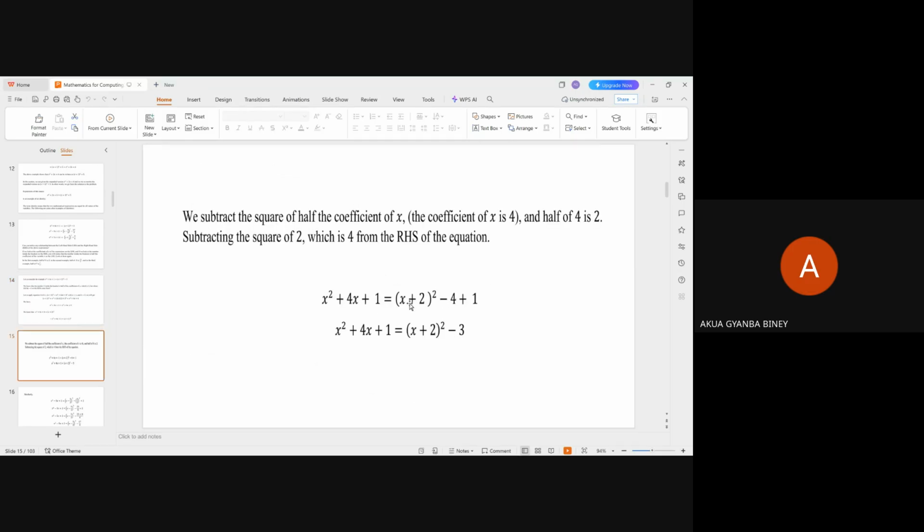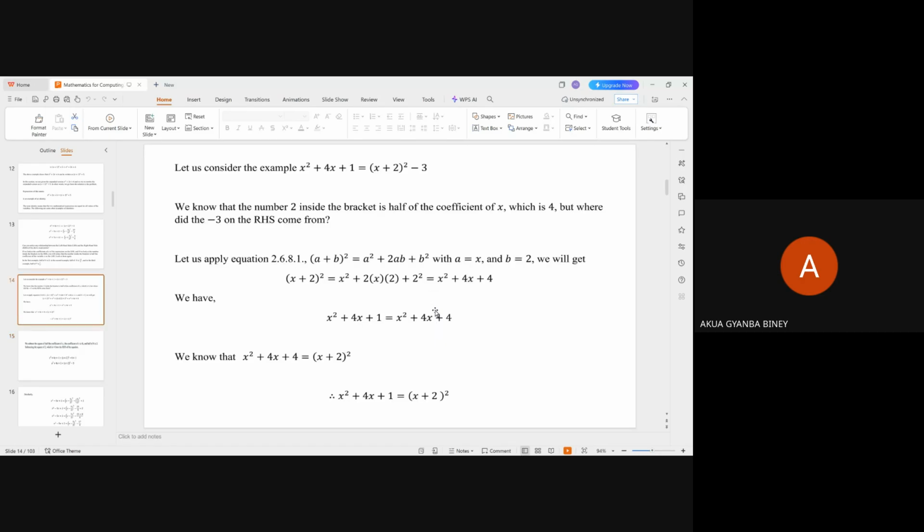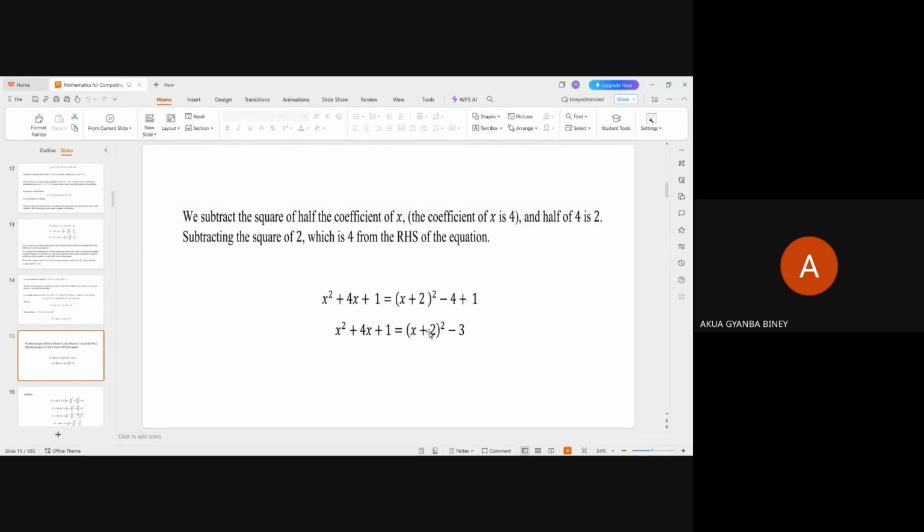So it came, and for this part, it was this minus 3. So you should have the whole of that minus. We subtract the square of half the coefficient of x, and half of 4 is 2. Subtracting the square of 2, which is 4, from the right-hand side of the equation.